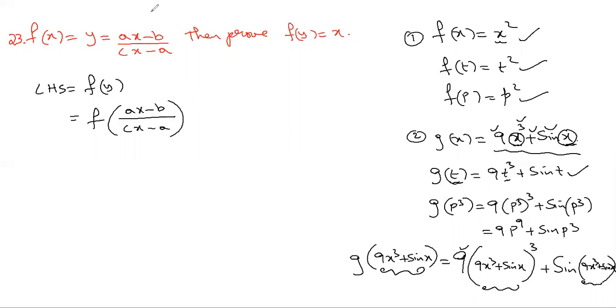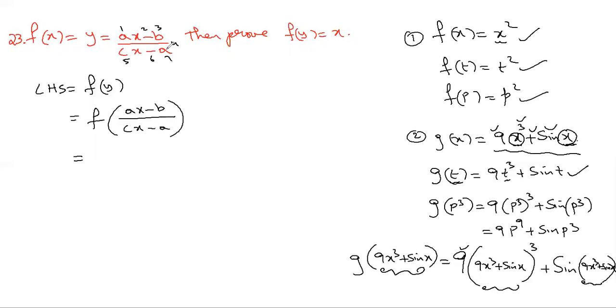But when it comes to this, f of something, what is the definition of f of x? ax minus b by cx minus a. That means a input minus b by c input minus a. So for the unchanged ones, I'm giving numbering: 1, 2, 3, 4 divided by 5, c, 6, 7.